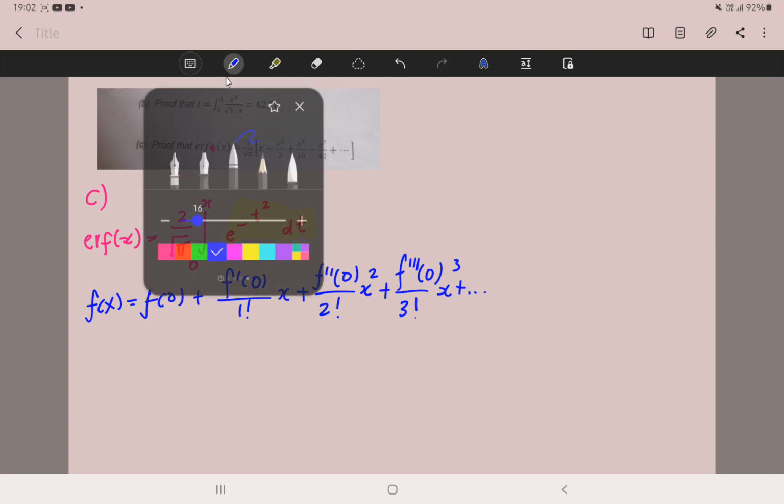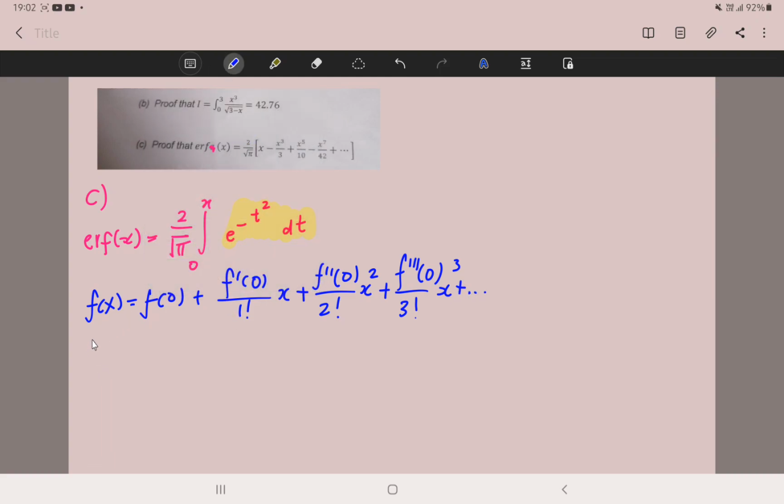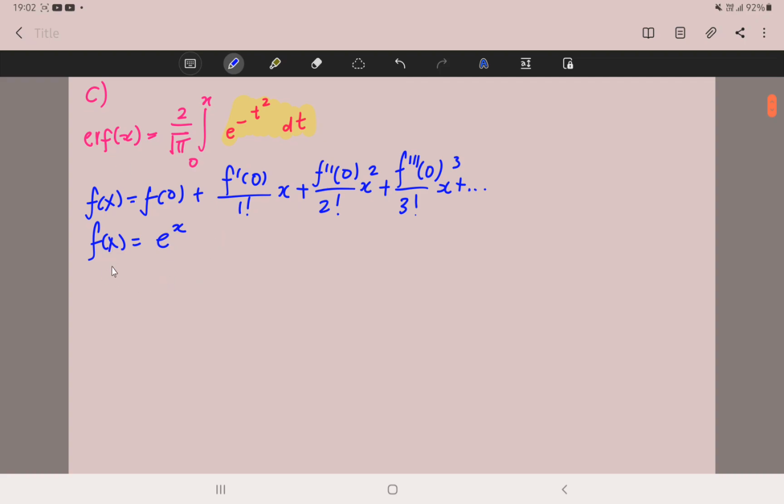Okay, so we just let f of x be e to the power of x first. Then the Taylor series for e to the x is, let x equal 0, so e to the 0 is 1, plus the derivative of it. The second derivative and also the third derivative are the same because this is an exponential function, so it is the same as the original function.